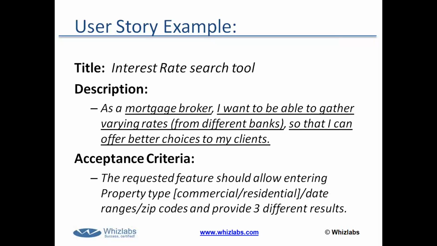I want to be able to provide zip codes, right? A zip code meaning a region where these current mortgage rates are being offered. For instance, interest rates in New York are different than interest rates in Florida or in Texas, right? Or in Chicago, right? And I want to be able to offer my client 3 different varying interest rates.